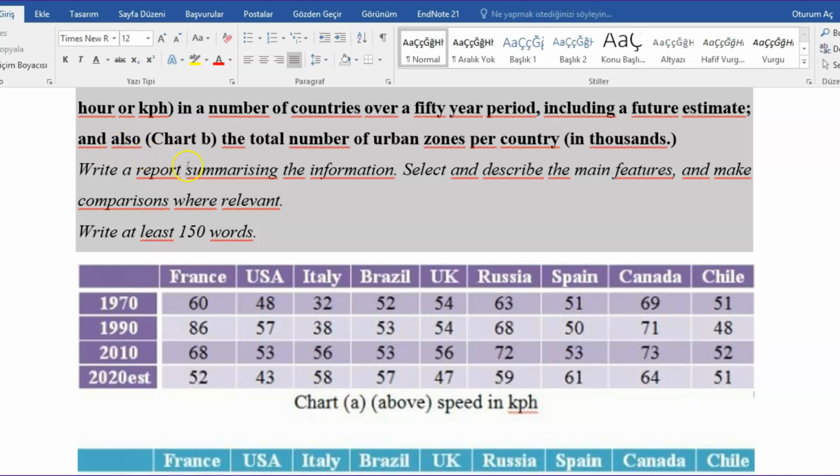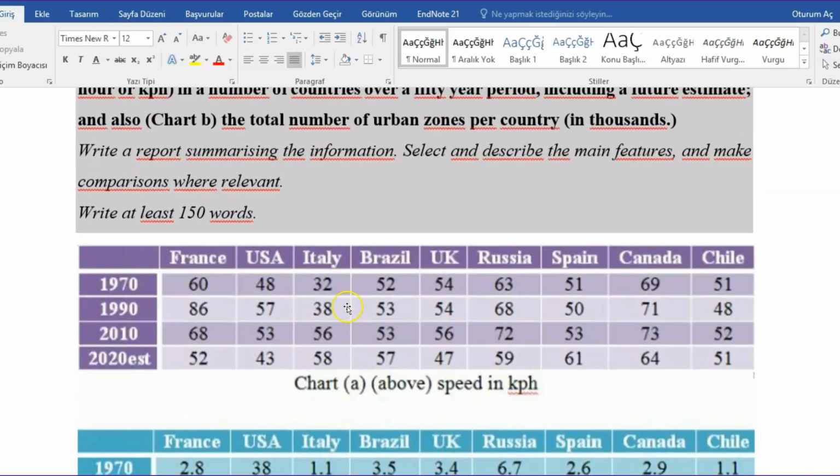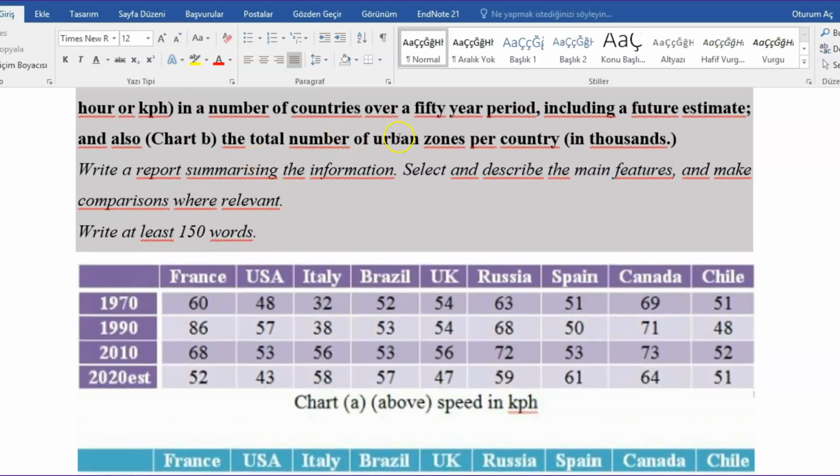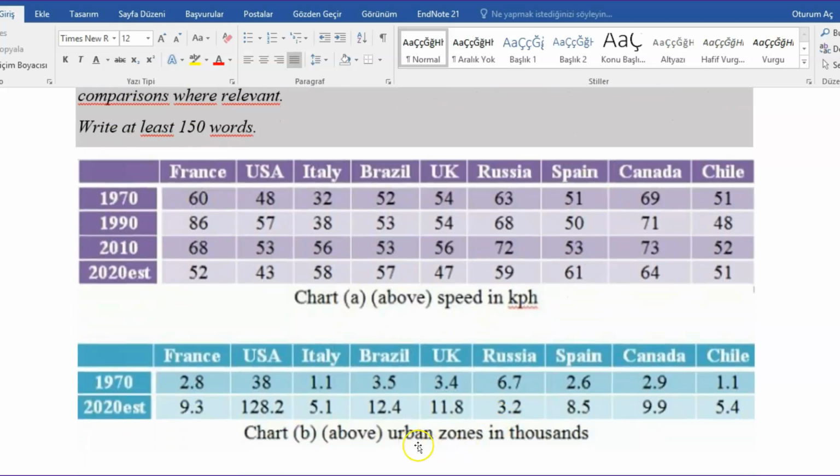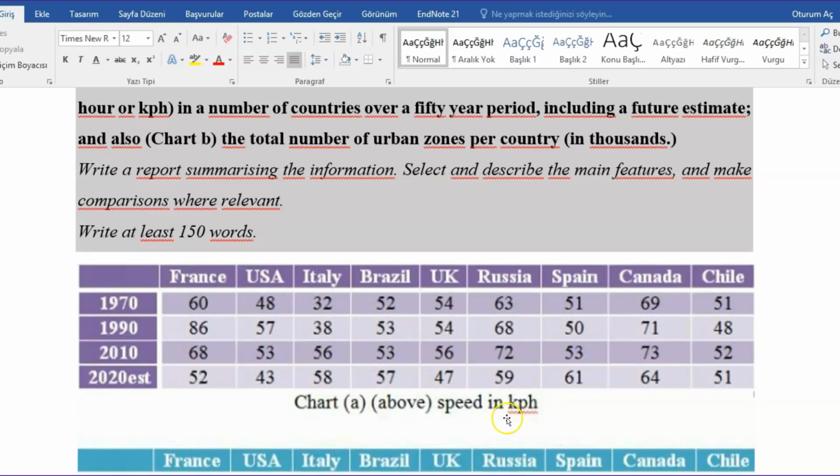And also chart B here, the total number of urban zones per country in thousands, okay? Units are important for us.